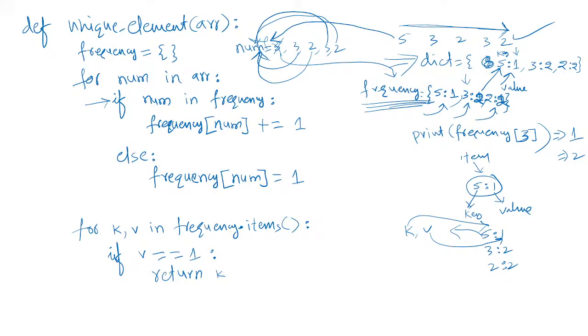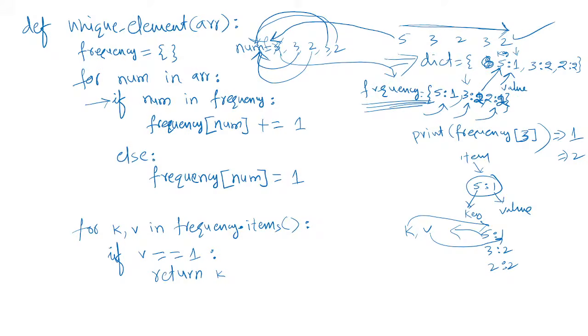I keep everything inside the comment. Let's define a function which returns the unique element inside the array using a dictionary.